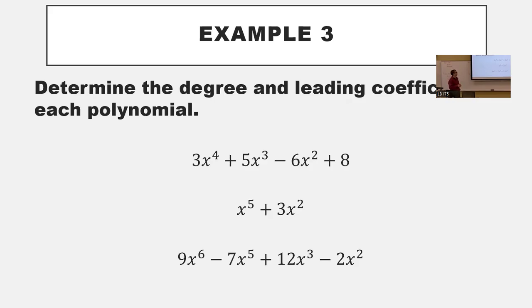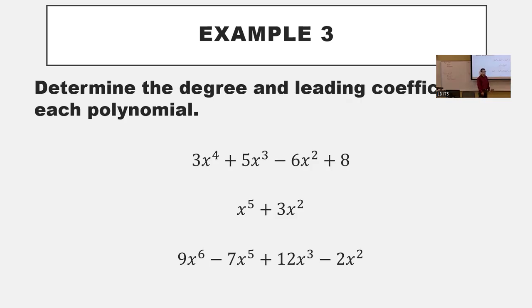Let's just talk through this. If I look at these three polynomials, these are all polynomials. This first one starts out with the highest exponent on x as the 4. So the degree of this one is 4, and it has lead coefficient of 3. This second polynomial has degree of 5, and the lead coefficient is an implied 1.